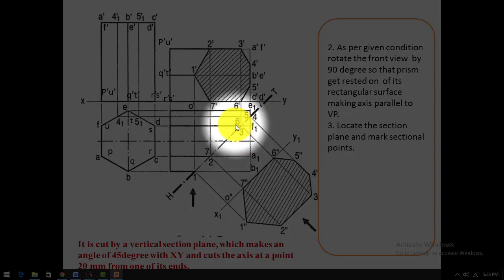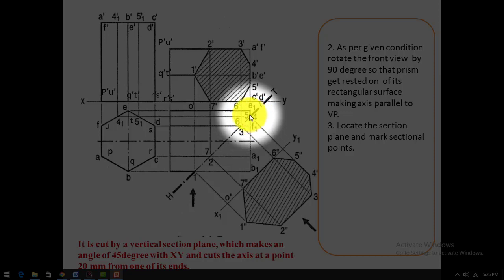His name is given as 6, 3. The 3 point is on the FU edge and the 6 point is on the DS edge of the prism. Then there are again 2 points, 4 and 5. The names are given.